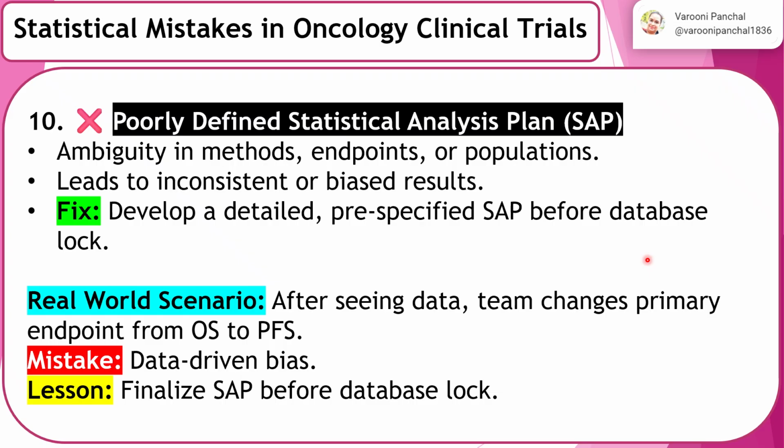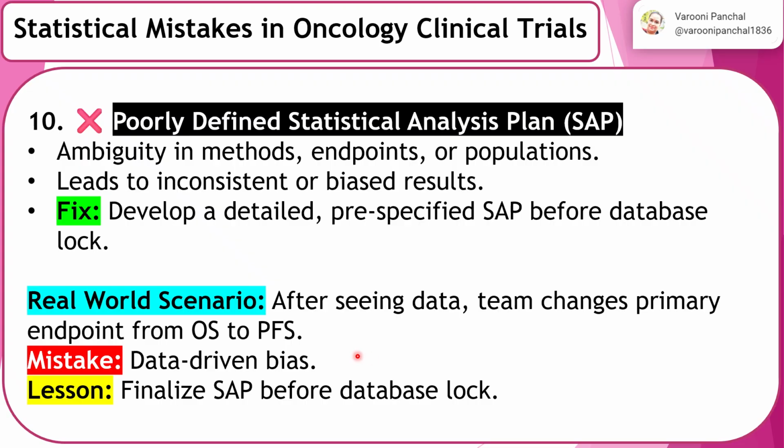Database lock cannot happen unless the SAP is finalized, approved, and digitally signed with the sponsor and all the stakeholders. I hope this is a common needed requirement for the database lock, right?